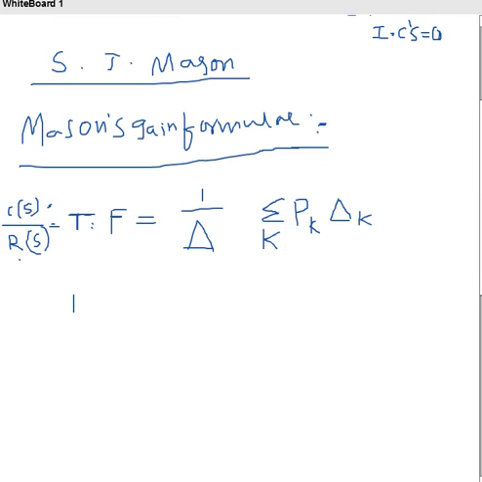Where P suffix k represents the path gain of the kth forward path, and TF is nothing but the overall gain of the system or transfer function.